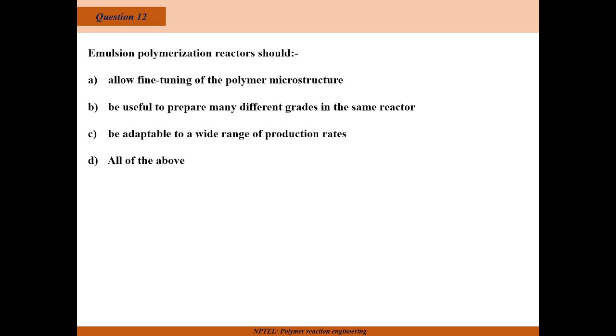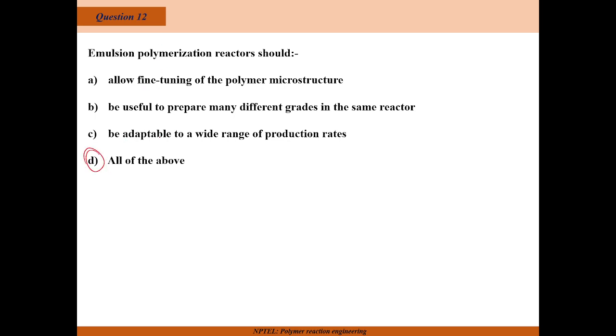So the next question: emulsion polymerization reactor should allow fine-tuning of the polymer microstructure, be useful to prepare many different grades, and be adaptable to a wide range of production rates, all of the above. Should be all of the above. All these are the basic characteristics. This question comes directly from this slide itself.